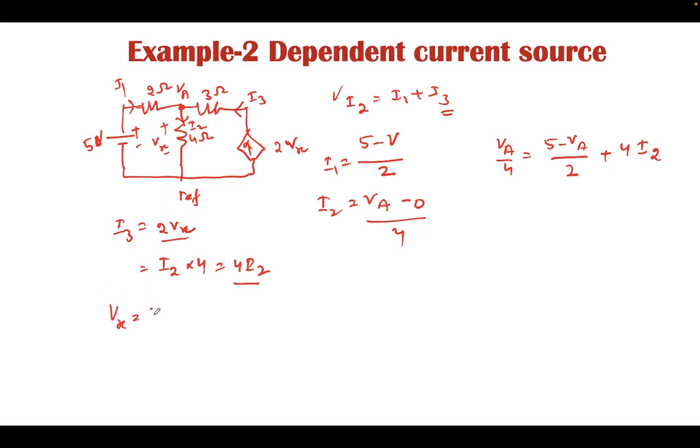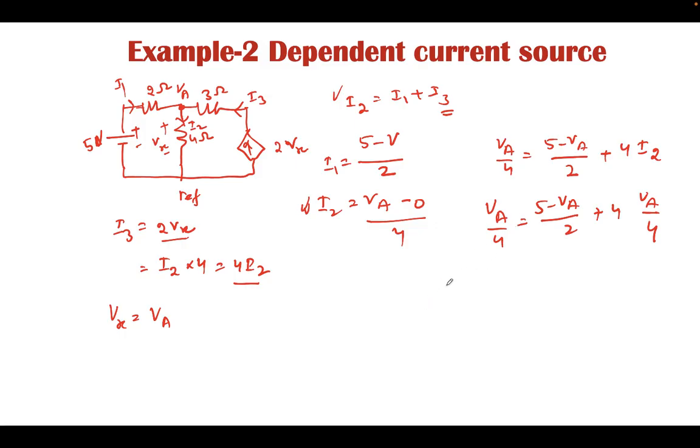Vx is equal to Va, and hence we can say in this branch the current I3 is 4I2, and by definition I2 is Va by 4. Hence Va by 4 is equal to (5 minus Va) by 2 plus 4 into Va by 4.